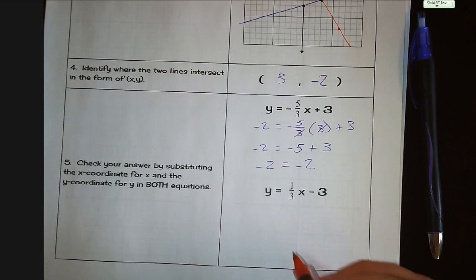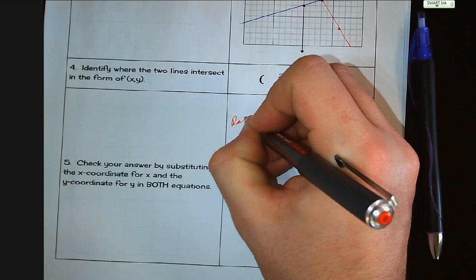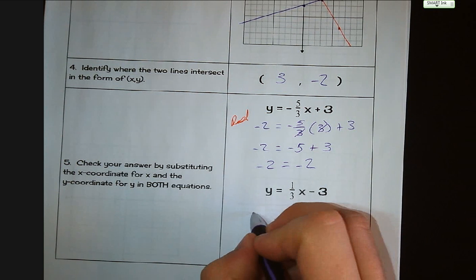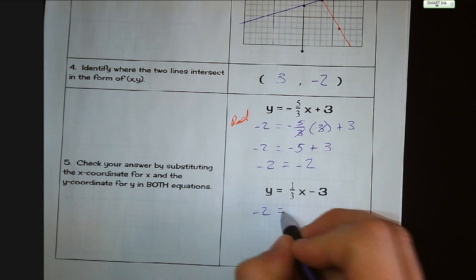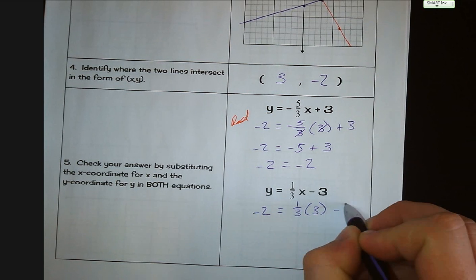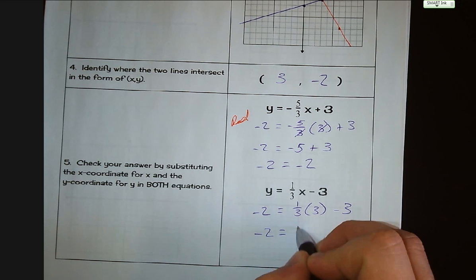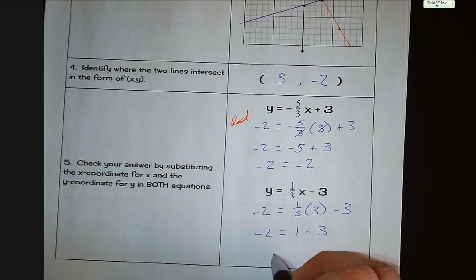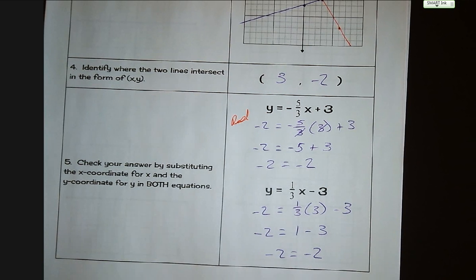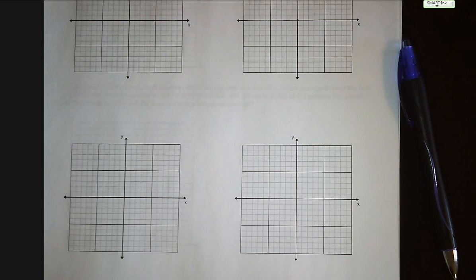So we've got y equals 1/3 x minus 3. So we're going to plug this one in. It's negative 2 for y, and 1/3 times 3 minus 3. So now we got negative 2 is equal to 1 minus 3. So negative 2 is equal to negative 2. There we go. We have verified that that is a solution to both equations.